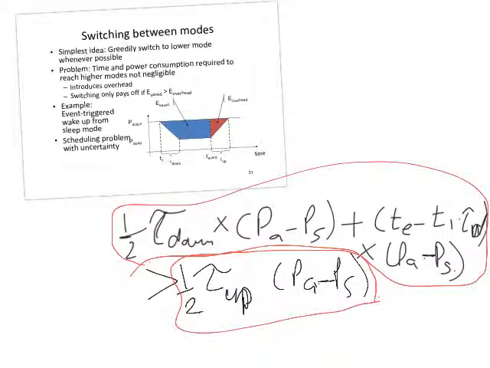So from this, of course, you can just cancel all the power levels, so you can easily get the condition on tau down. Right?